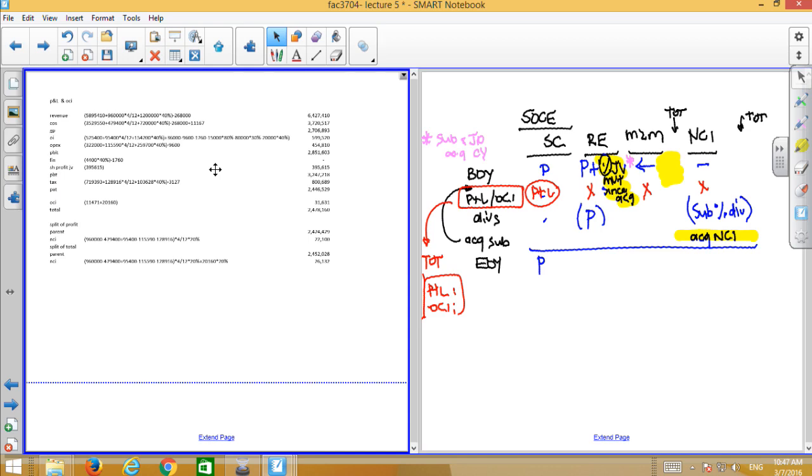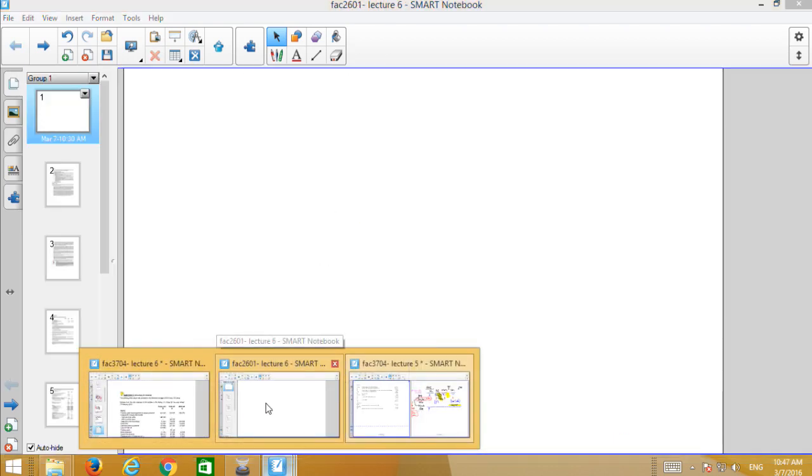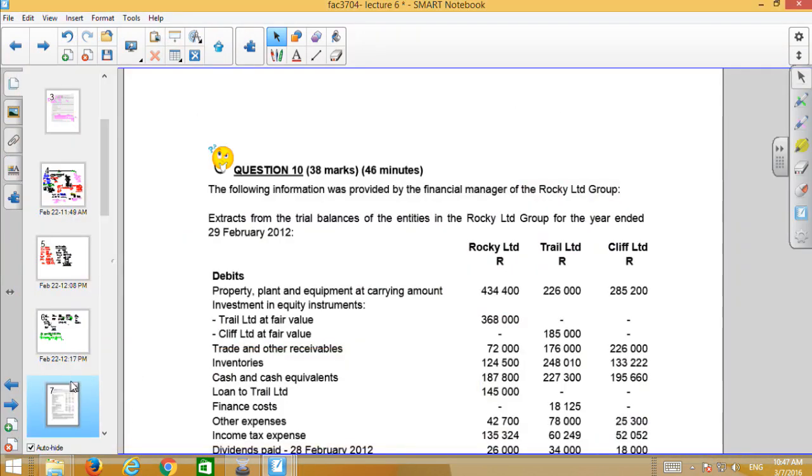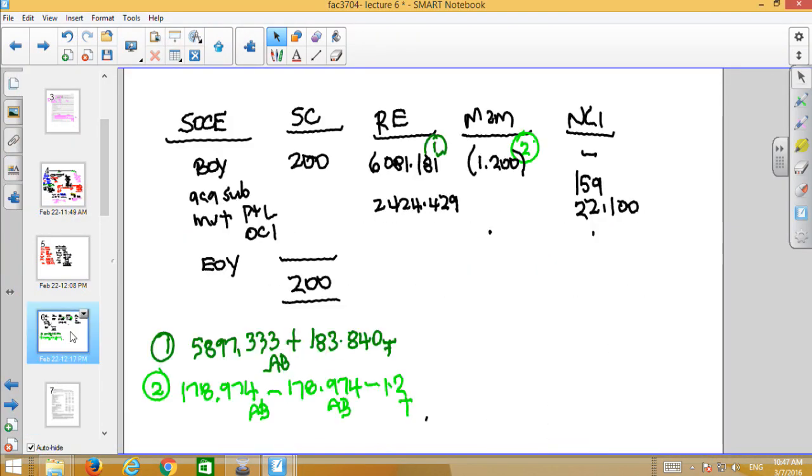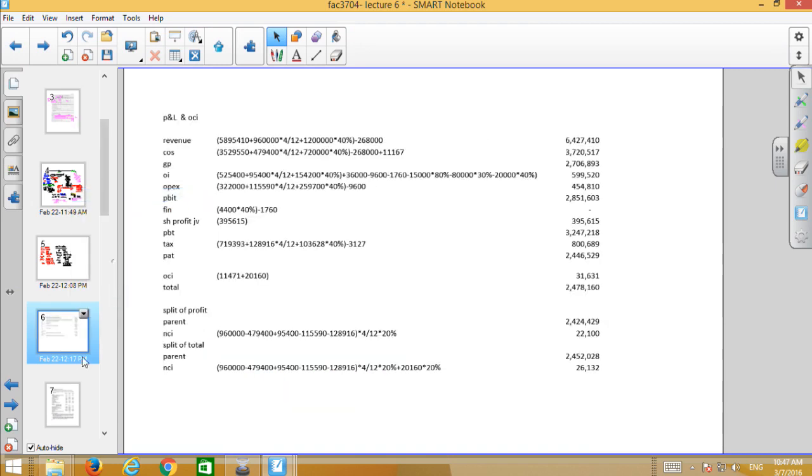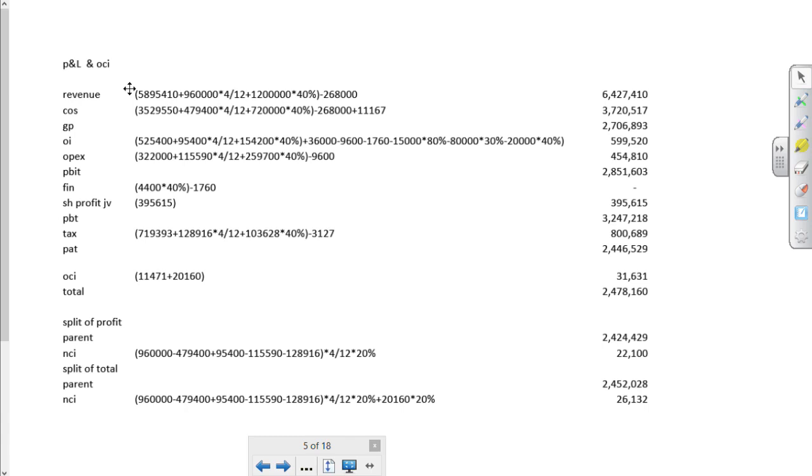So here's my P&L from last week. This over here was NCI's share of profit. This was parent's share of profit. The difference between these two is going to be the OCI piece.